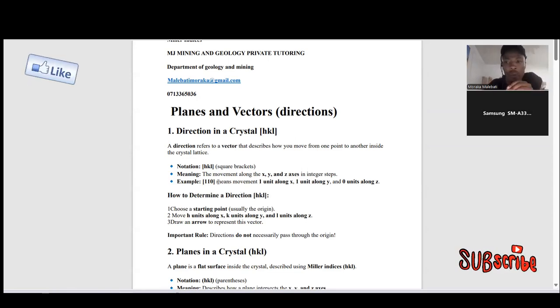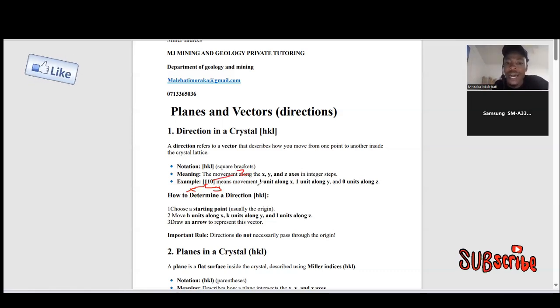Example, you can have the direction [110]. If it's in the square brackets, it means it's a direction. This one represents x, this is y, and this is z.